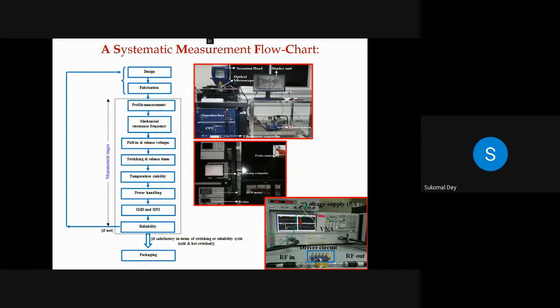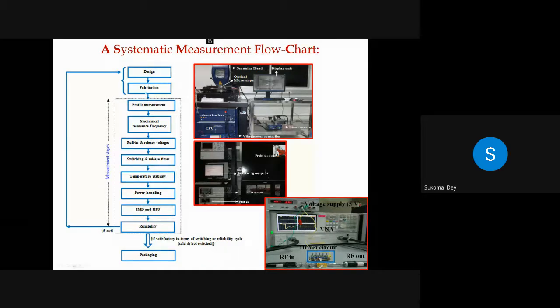But what will happen when you are making your own switch? At that point of time, you have to make your own data sheet. Needless to say, whenever you are making your own data sheet, you have to do a couple of measurements to fill each and every point.